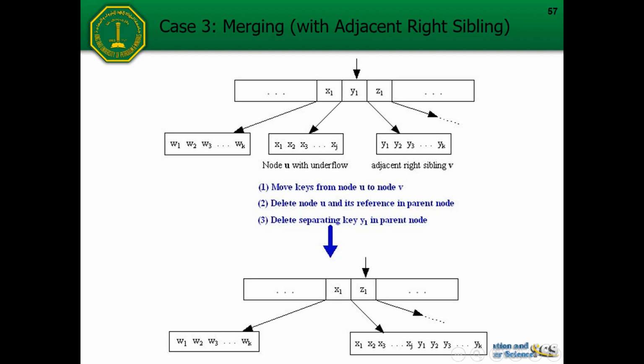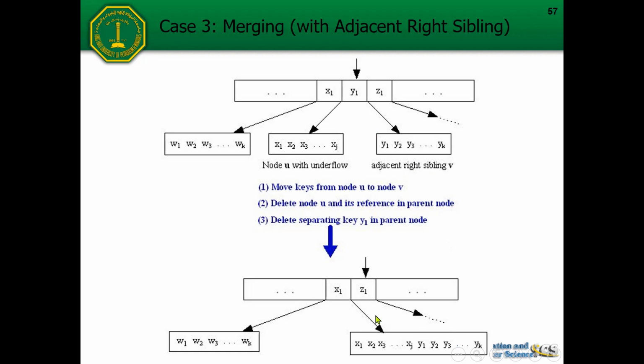So now we can see that the value of this new node is from x1 until xj, followed by the previous key in the parent y1, then after that y2, y3 until yk, which is the value from the right sibling previously.